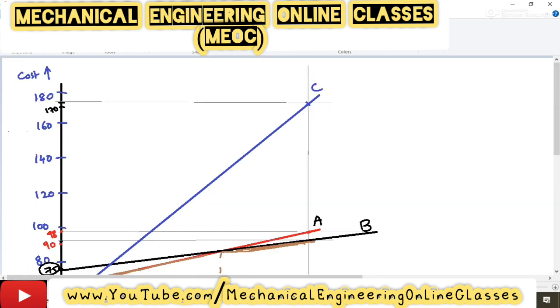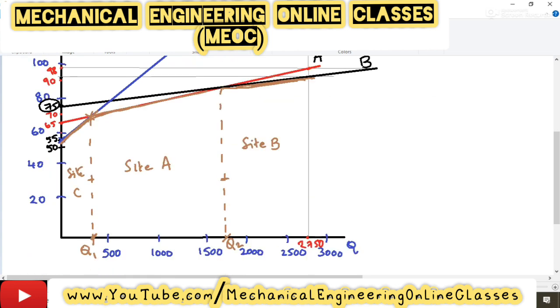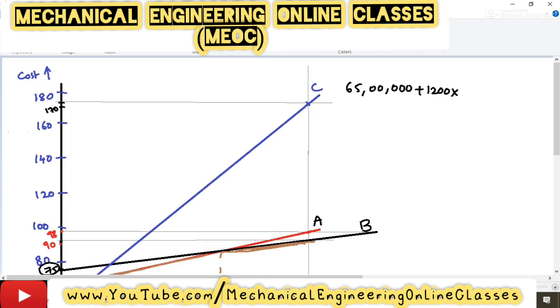So let us consider the total cost equation of site A, which is 65 lakhs plus 1200 into, here the quantity of production is Q1. So let me write it as Q1 because we are finding the intersection point.